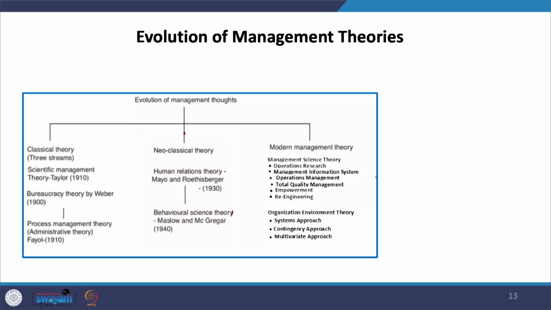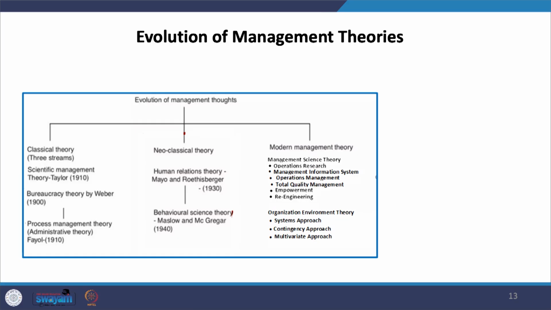Moving further, modern management theory has evolved, which has again given different contributions to management science and organization and environment. Management science theory discusses operations research, management information systems, operations management, total quality management, empowerment, and re-engineering. These concepts have evolved over a period of time.